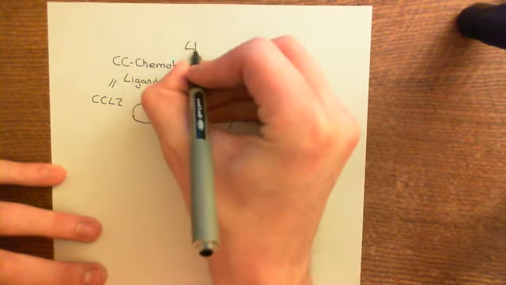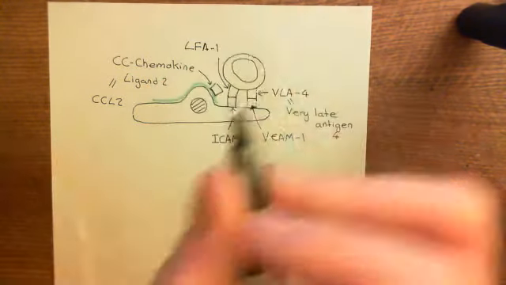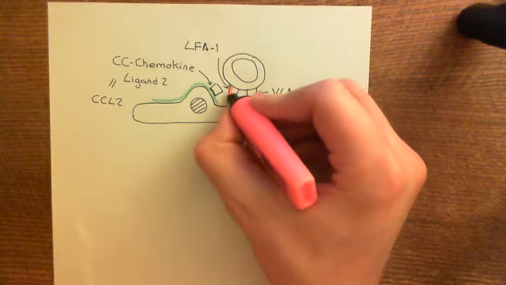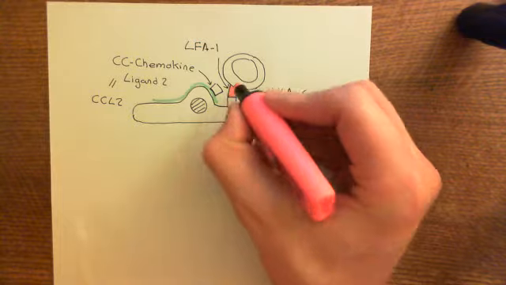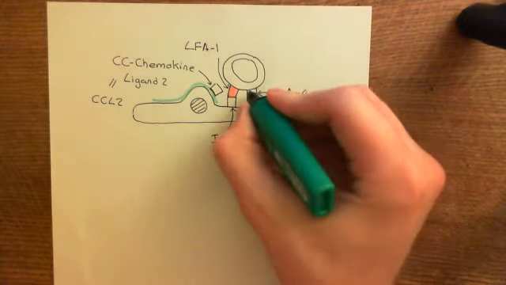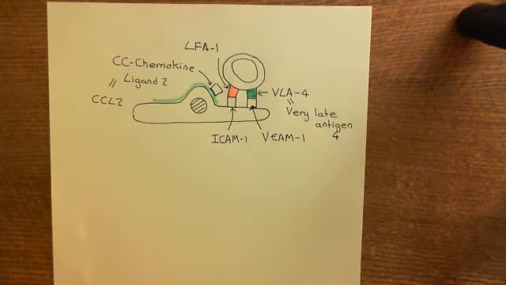So LFA1 binds to ICAM1, and also VLA4 binds to VCAM1. I'll colour VLA4 in turquoise here. And that tethers the monocyte to the endothelial cell layer.